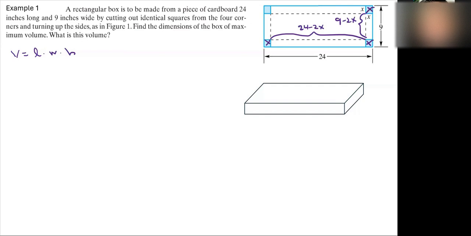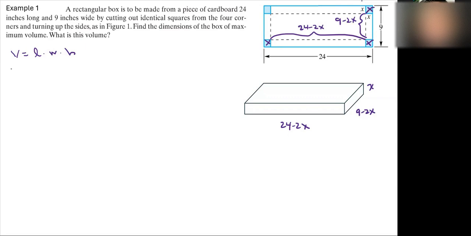The length is now 24 minus 2x, and the width is 9 minus 2x. Now, what about the height? Well, remember we folded this cardboard on the dotted line. If we fold that up, the height is just going to be that x. So height is x.